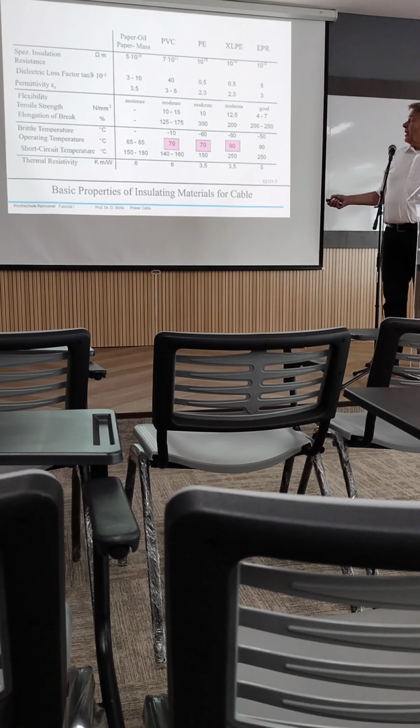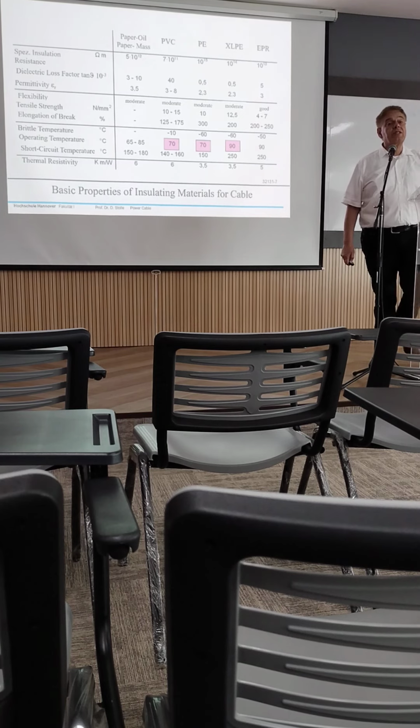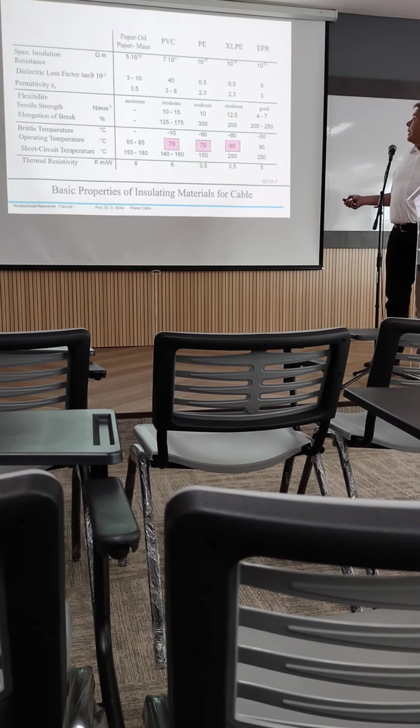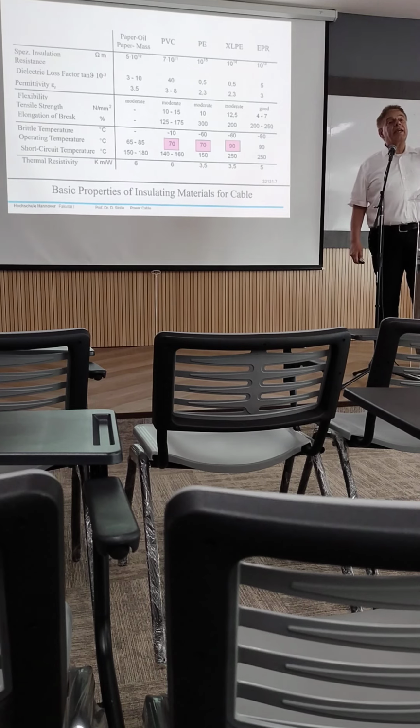When we check other values, for example, operating temperature, you see PVC and polyethylene both have 70 degrees centigrade. But if we use XLPE, we can increase the temperature of the cable conductor up to 90 degrees centigrade.